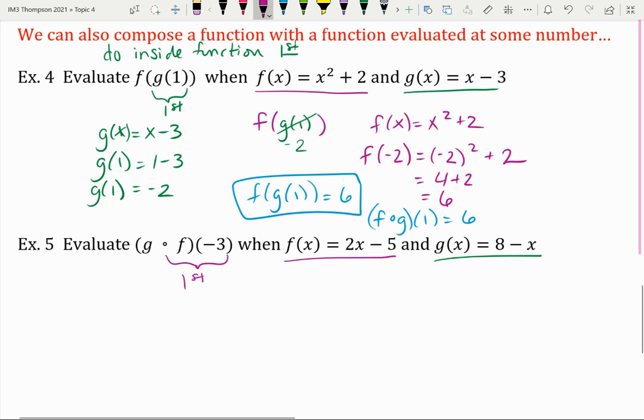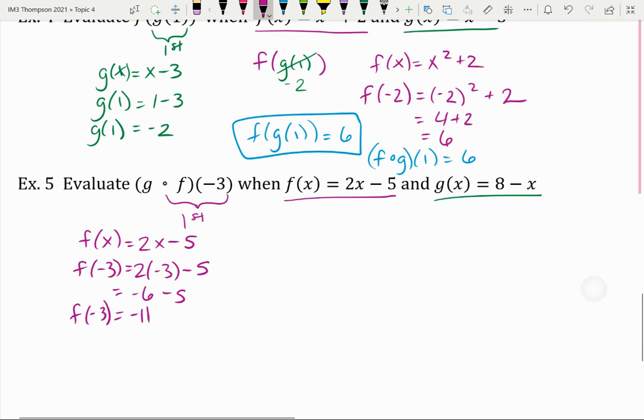So I'm going to start with f of negative 3. Then I'll take the inside and I'll plug it back into the outside. Yes, order matters.